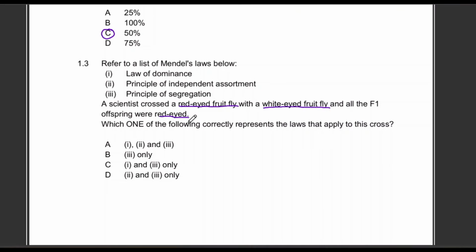That's basically telling us that the red eye color is dominant over the white eye color because all the offsprings were red. Which one of the following correctly represents the laws that apply to this particular cross? The law of dominance will definitely apply, and also principle of segregation will also apply. So the answer will be C.